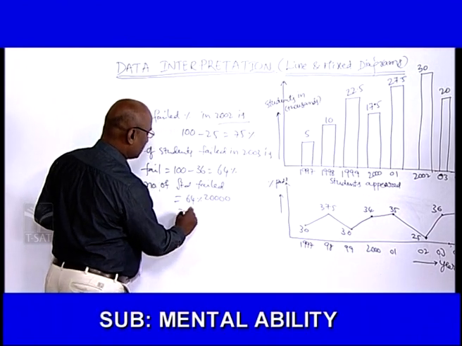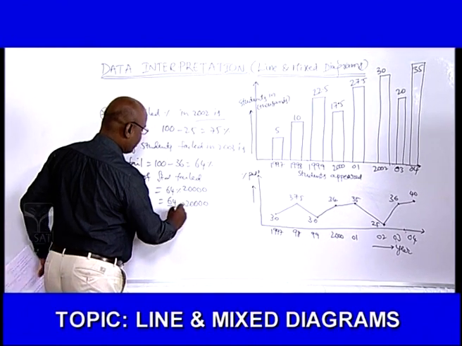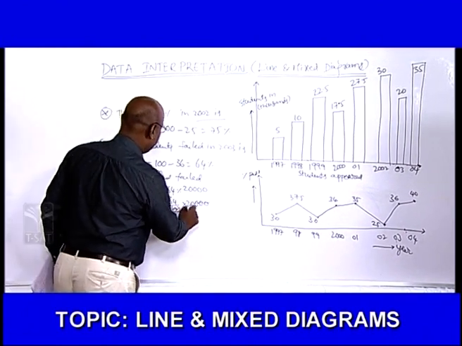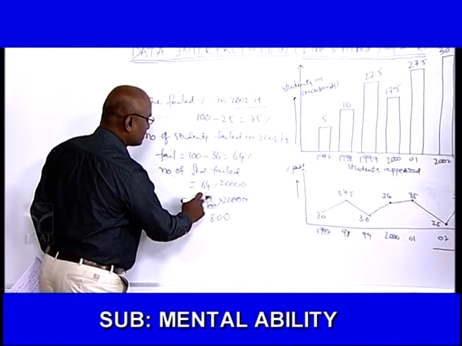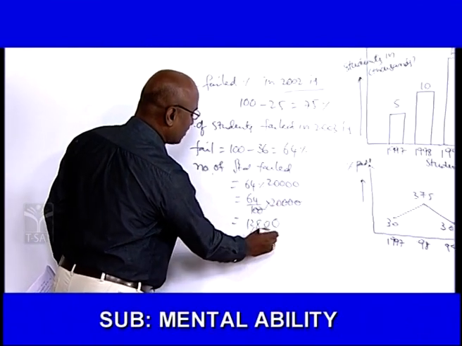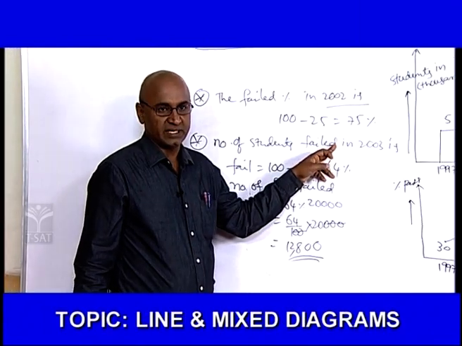So that is equal to 64 by 100 into 20,000, that is equal to 200 into 64, 2 zeros are there, 2 4s are 8, 2 6s are 12. So 12,800 students failed the examination in the year 2003.